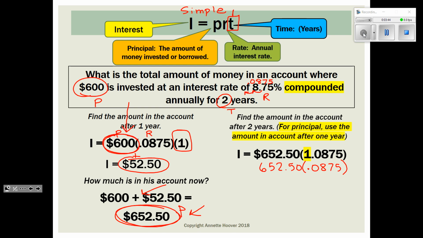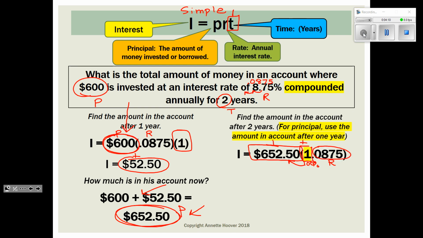To make this a one-step equation, to eliminate that one step, you put a 1 in front of the decimal that we used for the rate. This stands for 100% of this. So it's saying, yes, I have all of this in the account after 1 year, plus I have this much more.